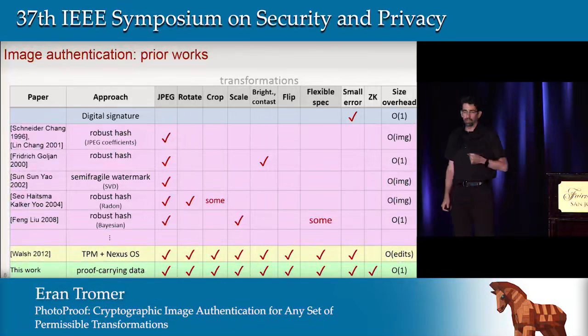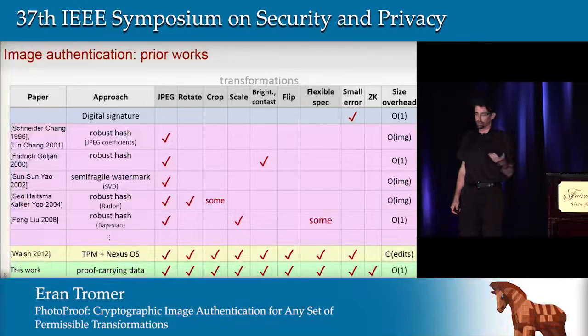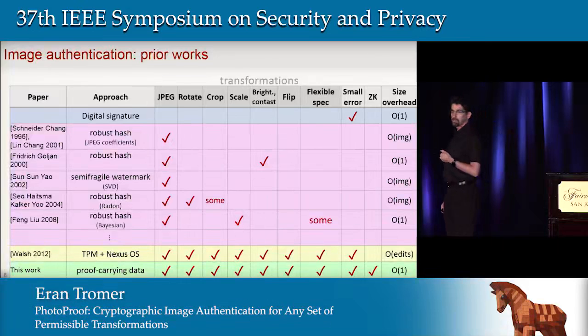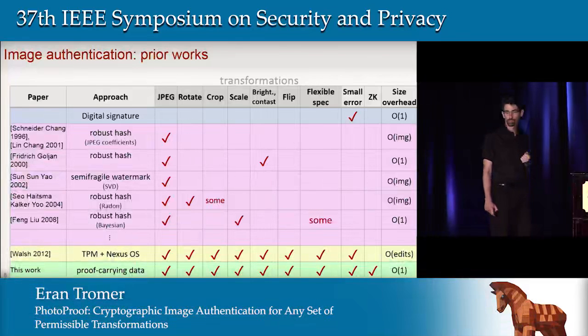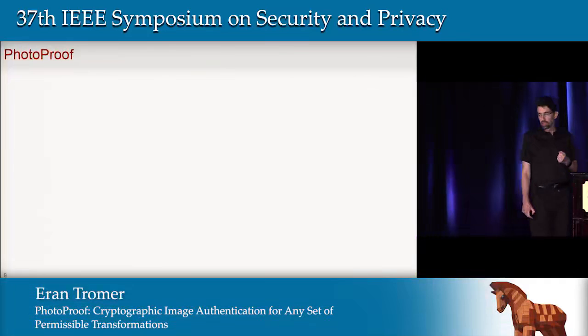And in this talk, I'll tell you about our system called PhotoProof, which actually achieves all of the goals that we list here, including full flexibility for all images, small, succinct proofs, and zero knowledge. In a nutshell, what the system looks like is the following.